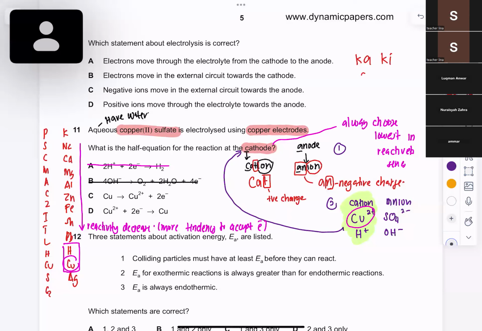You can use "kaki aku lega". That one is oxidation and reduction.